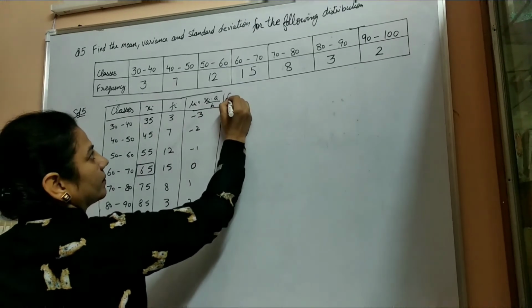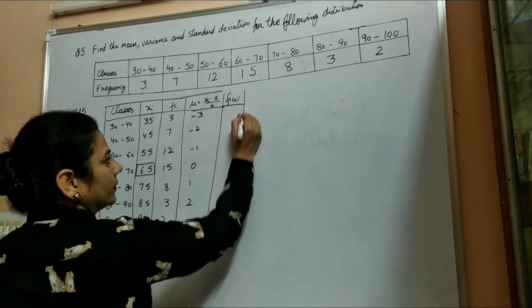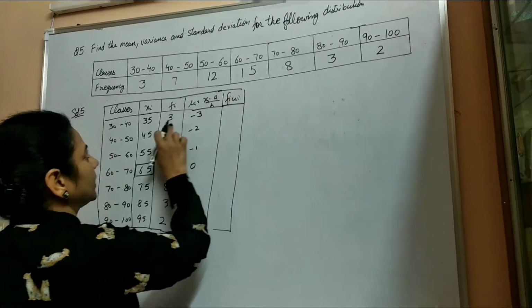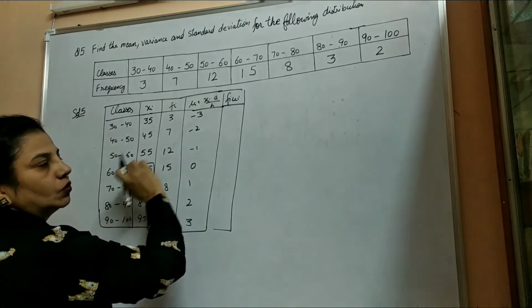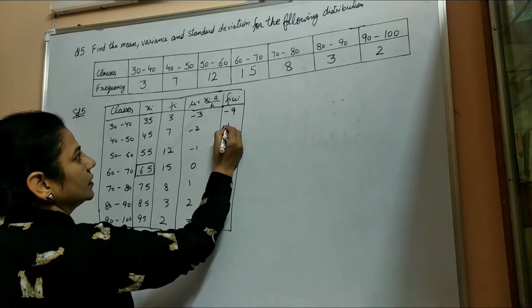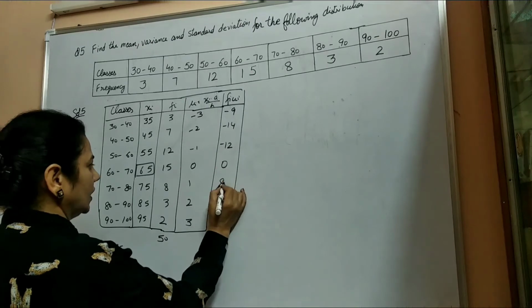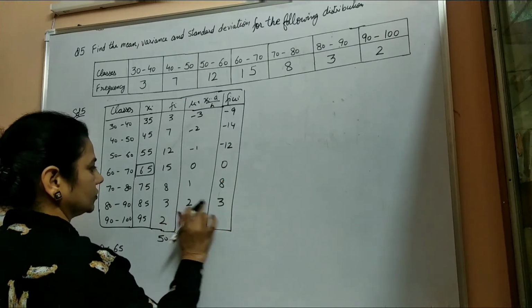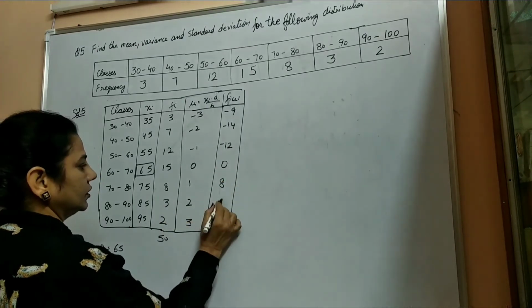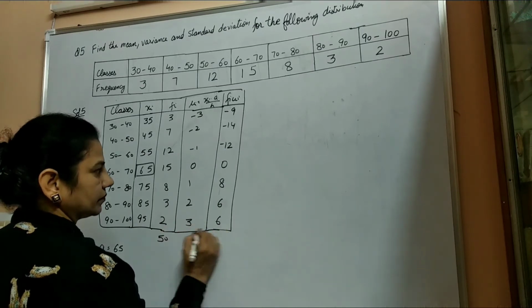Now fi ui is simply frequency multiplied with ui. You will get minus 9, minus 14, minus 12, 0, 8, 6, 6.